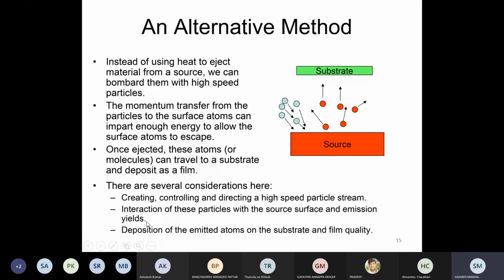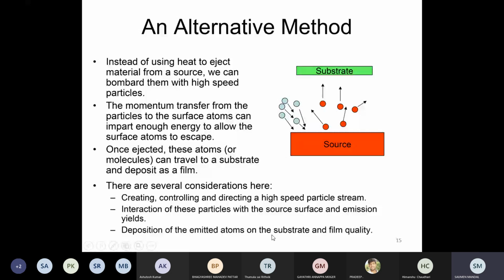First you need to generate this argon plus, and I'll explain how argon to argon plus formation happens. Second, argon plus needs to interact with the source, as for example Al2O3, so on the Al2O3 surface it needs to have interaction. Then the deposition of the emitted atoms on the substrate and the film quality.